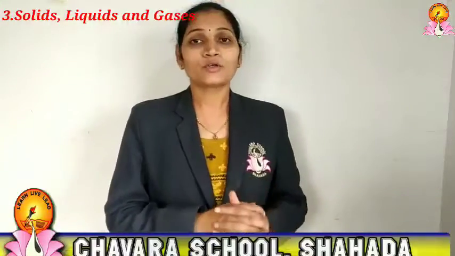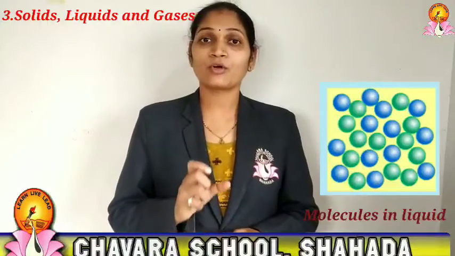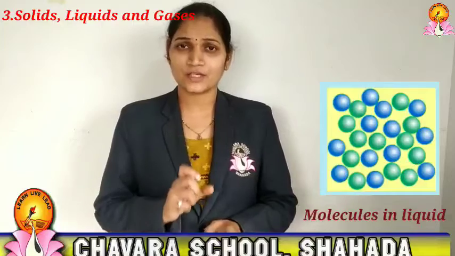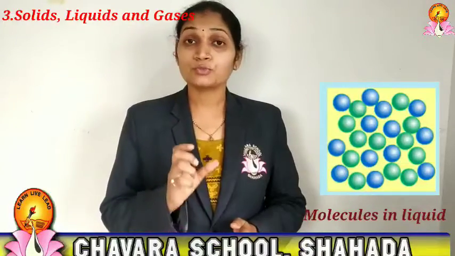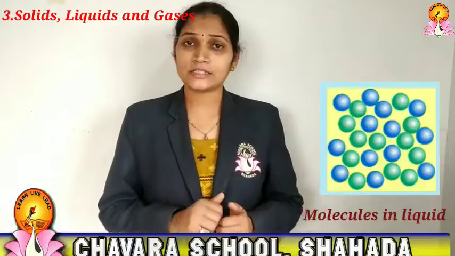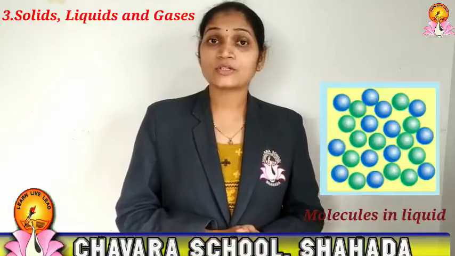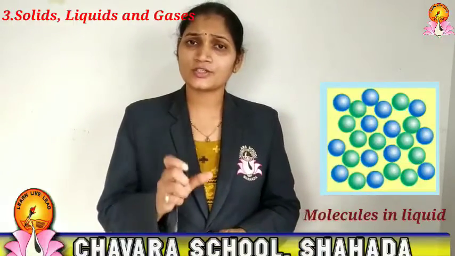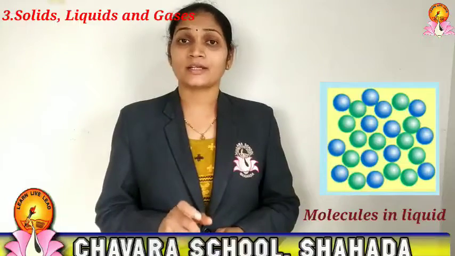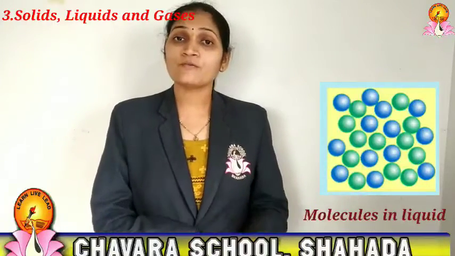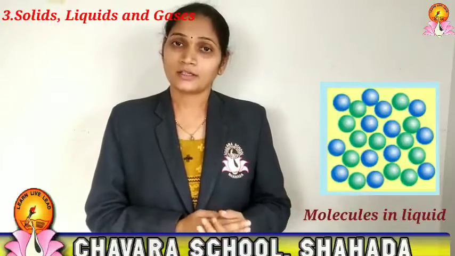Let's see the molecules in liquids. The force of attraction between the molecules of a liquid is weak. It is sufficient not to allow the molecules to move far apart from each other. So the molecules in a liquid are arranged slightly away. That is the reason in whichever pot you fill the water, water takes the shape of that container.